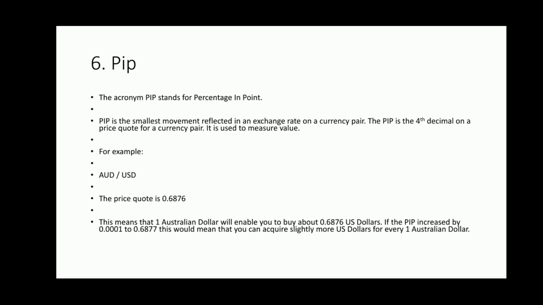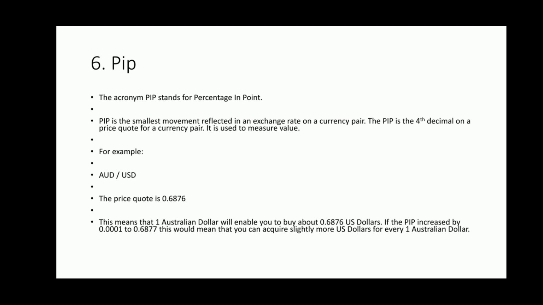Back to the example. So the price is at 0.6876. That is the price that the currency is currently at. Okay. So this means that 1 Australian dollar will enable you to buy about 0.6876 US dollars.